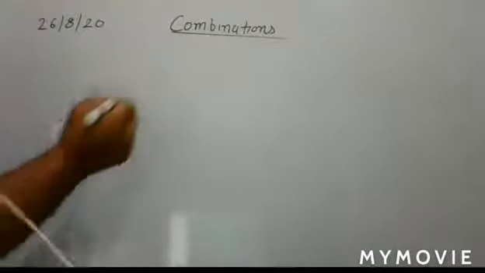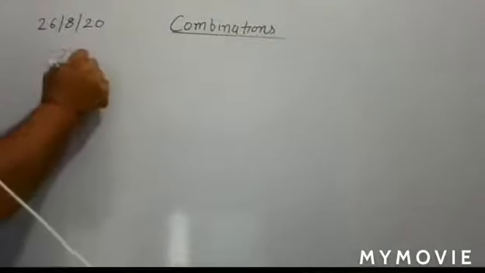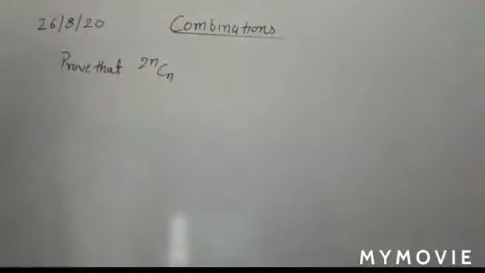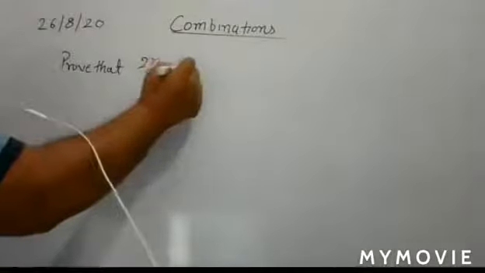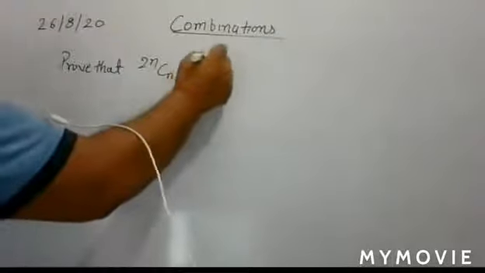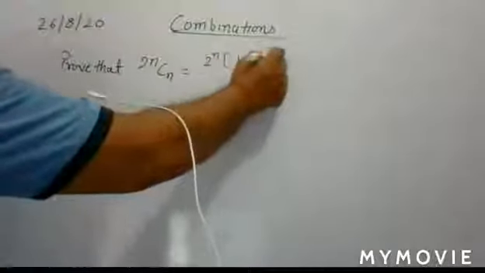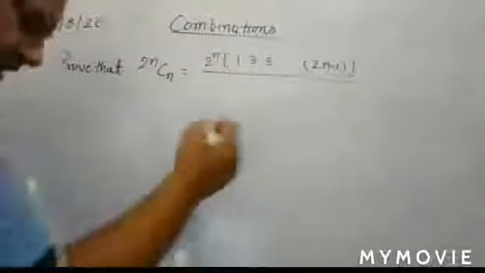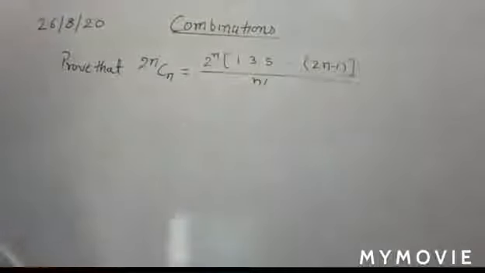So, prove that 2nCn is equal to 2 to the power n into 1 into 3 into 5 up to 2n minus 1, whole divided by factorial n. You have to prove this result.